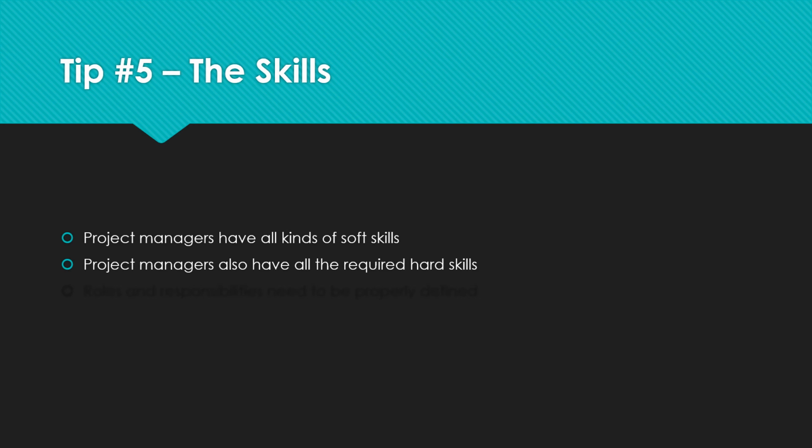So these are the skills which are basically measurable. And you need to keep this concept in mind while answering PMP questions, that the project manager has all the soft skills and all the hard skills required to perform his or her job.